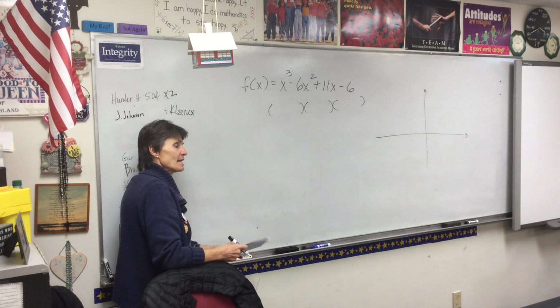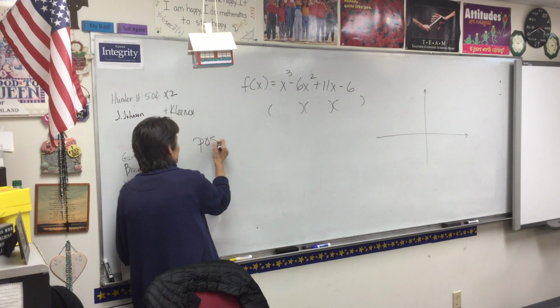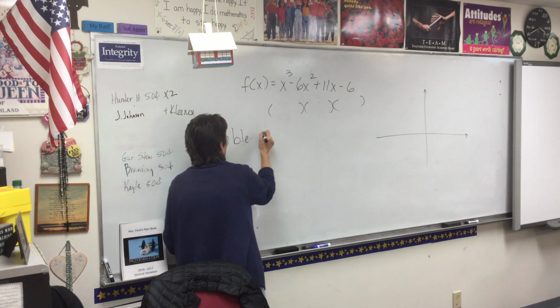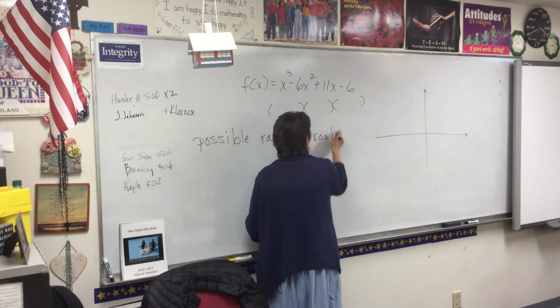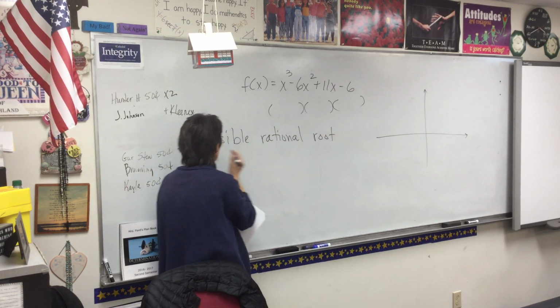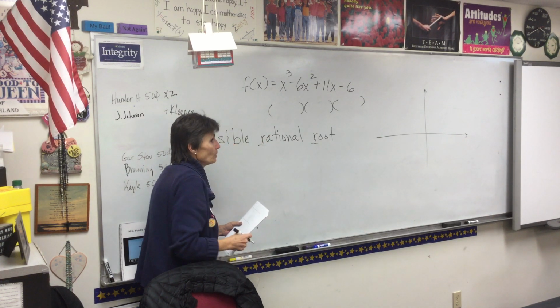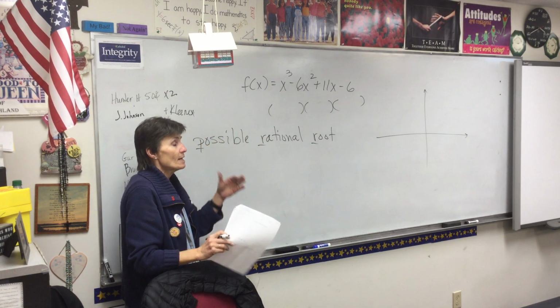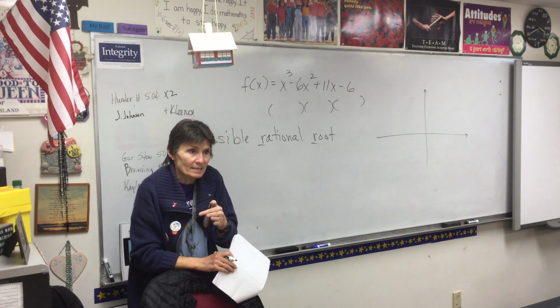So math has a handy dandy little theorem. It's called the possible rational root theorem. And so on your paper, you'll see I have written PRR. Those are the possible rational roots. And so what we're doing is narrowing down the possibilities.